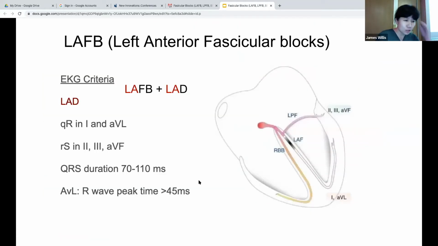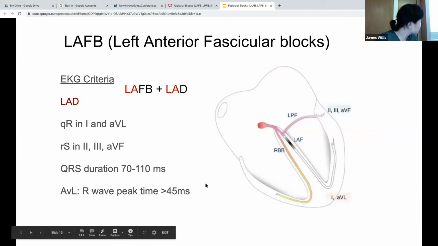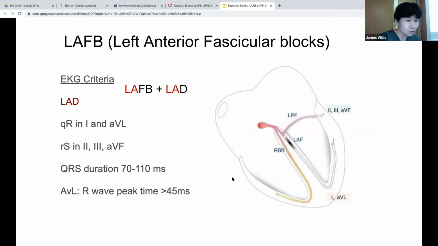Right. So moving on, these are the criteria for a left anterior fascicular block. You need left axis deviation. There's certain QRS morphologies that are part of the criteria, which we'll go through. It'll make more sense visually than it does just looking at the list. You have a normal QRS, and we'll also show an example of what this RV peak time means. When initially reading through this and trying to make this lecture, I'd always get mixed up which are the criteria for a left anterior fascicular block versus a left posterior fascicular block, because they're very similar.